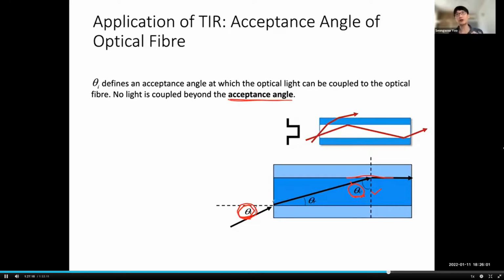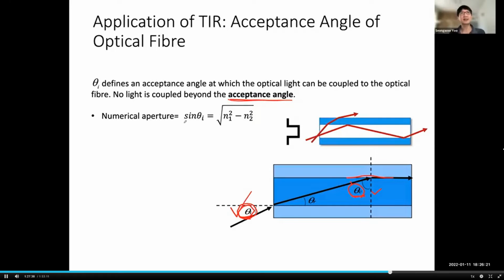In order to achieve total internal reflection, the first incident angle to this glass must be smaller than this acceptance angle. Then we now have another definition, which is called numerical aperture.